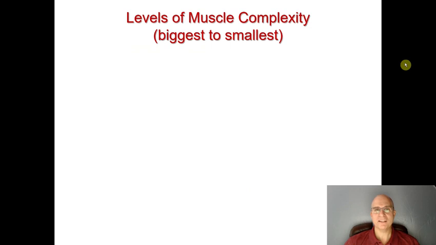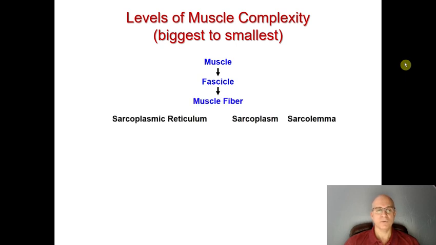So remember a little while ago we talked about this concept map. So we went from muscle to fascicle, from fascicle to muscle fiber. Within the muscle fiber, we found sarcoplasmic reticulum, sarcoplasm, and sarcolemma. We're going to modify this a little bit, though, and we'll say that the sarcoplasmic reticulum is going to store calcium, which it does, and the sarcolemma is going to have T-tubules in them, which bring action potentials deep into the muscle fiber.